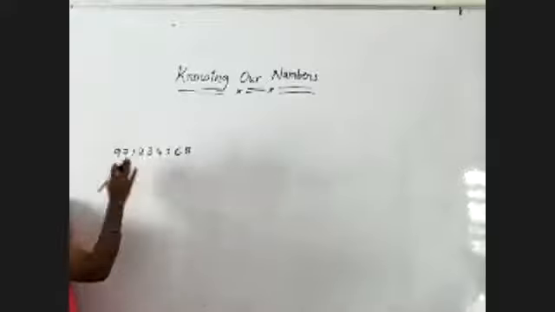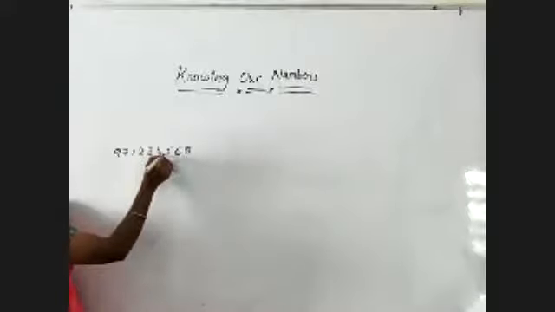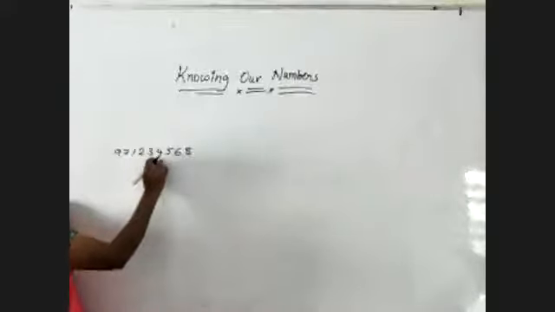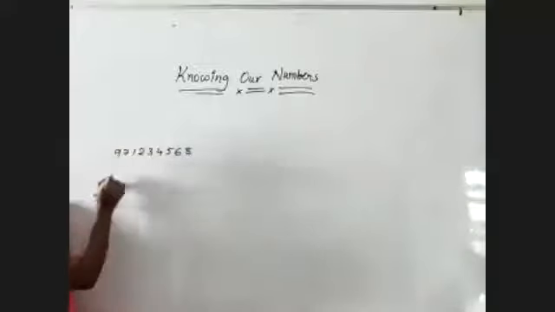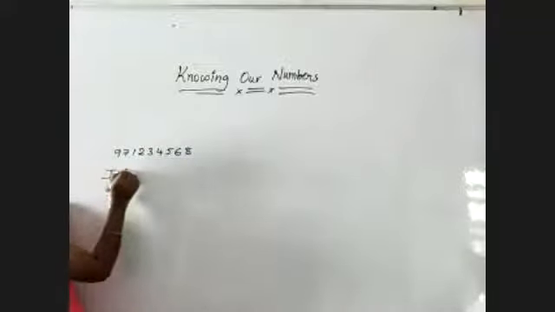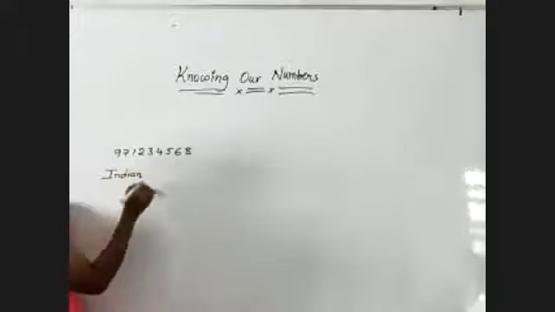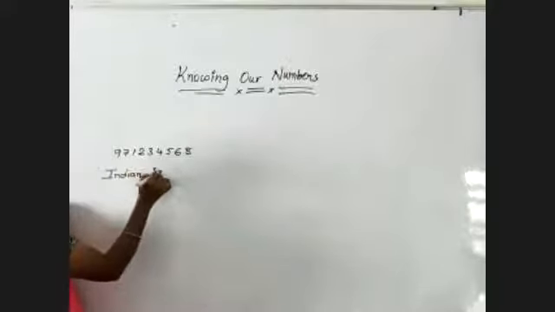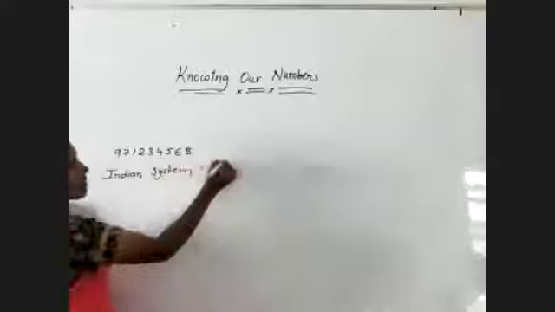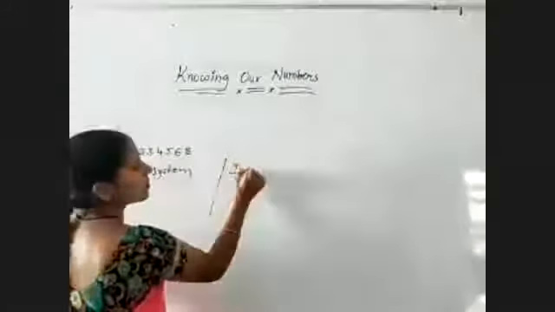I want to represent this number using both systems, the Indian place value system as well as the international place value system. So in the Indian place value system, how do I represent this number? Indian system, and coming to the international system.